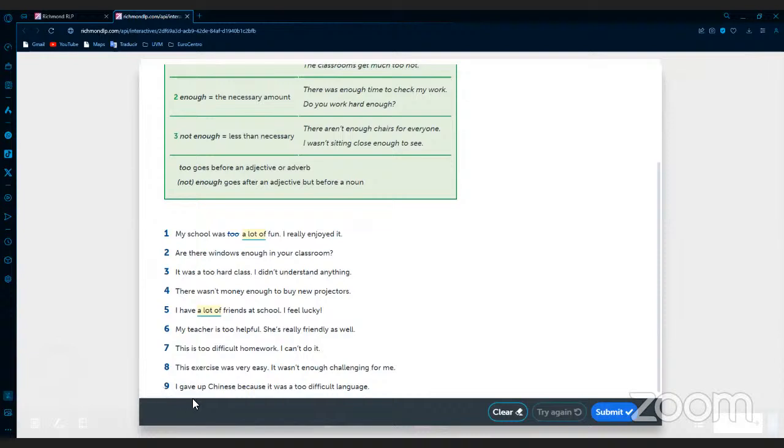I gave up Chinese because it was a too difficult language. Right here we do have to move some things and change some things. Do you know what? ¿Saben qué se podría hacer? I can tell you that the issue is in this part of the sentence.